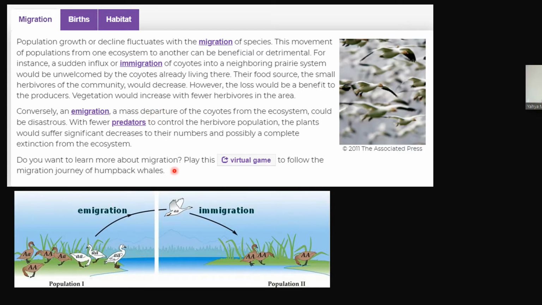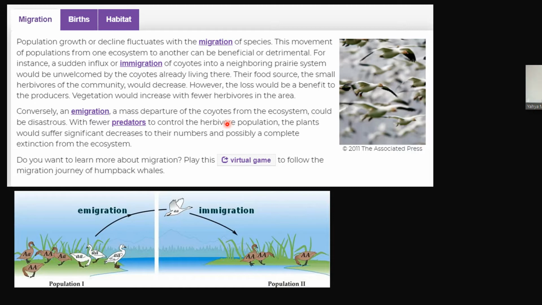When one population immigrates to an area or emigrates from an area, it affects all the other creatures that live there. Let's suppose there's a mass departure of coyotes from an ecosystem. A coyote is a predator. If the herbivores, the different kinds of animals that they eat, no longer have this predator, then the number of herbivores would suddenly increase dramatically because there are no coyotes to keep the numbers down.